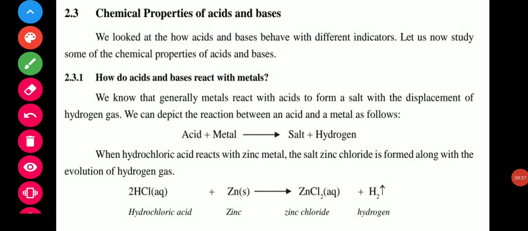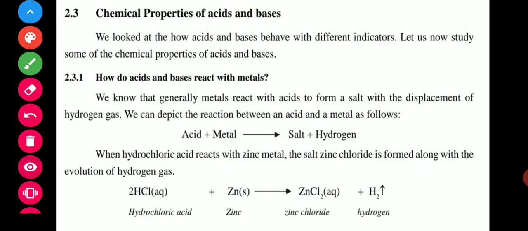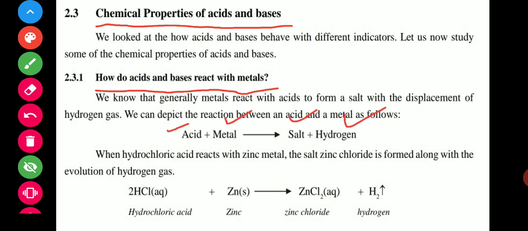Now come to the chemical properties of acids and bases. How do acids or bases react with metals? When an acid reacts with a metal, it gives salt and hydrogen gas. Like hydrochloric acid, whenever it reacts with zinc, it gives zinc chloride and hydrogen gas.